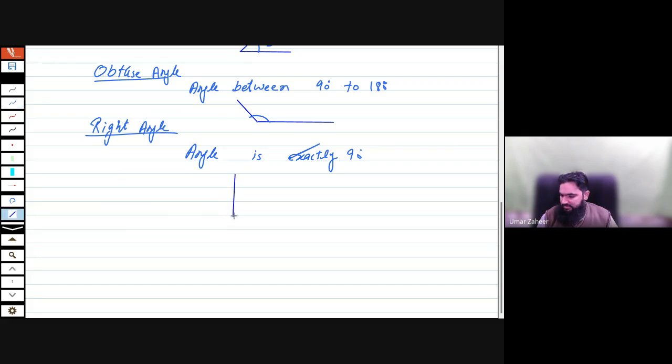So it is just going to look like this. We have done these angles in trigonometry, which is why I am doing them first.